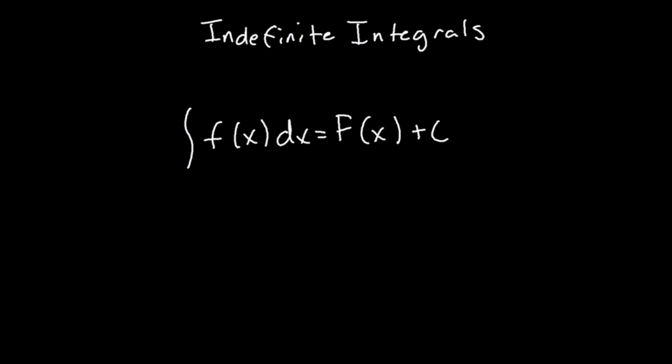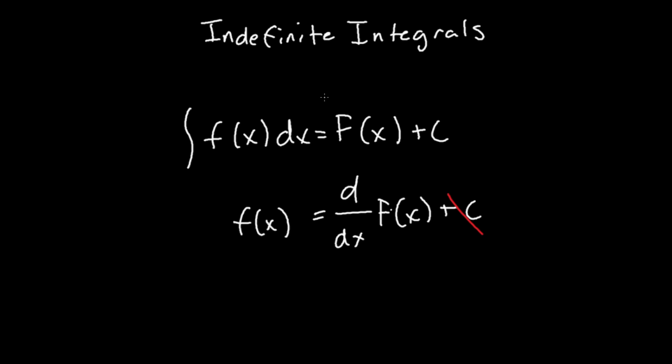And you might be wondering, why is there a plus c? Well, since I was talking about derivatives, if you take the derivative of your integral, capital F, and you have a constant there, what the derivative does is cancel out the constant. So if the derivative of capital F is equal to the original function, when you take the derivative, you miss out on some constant.